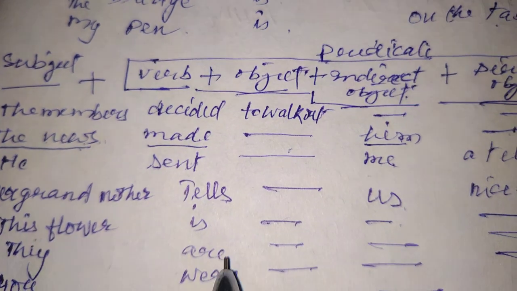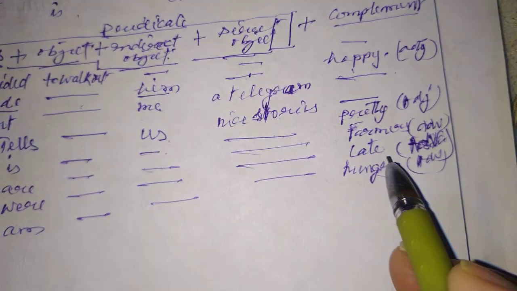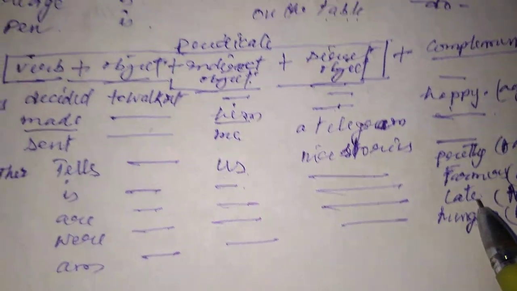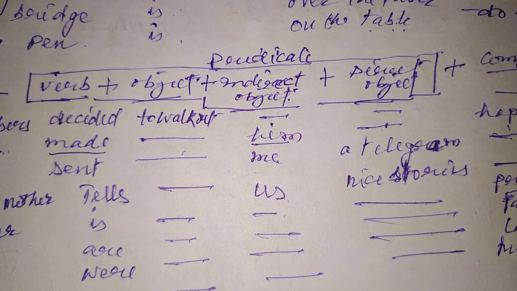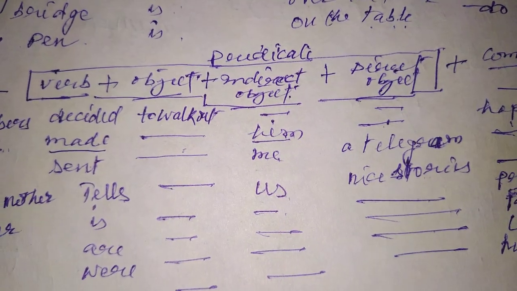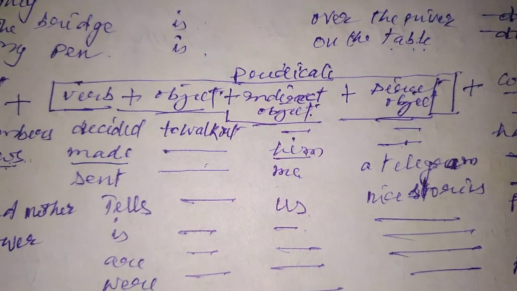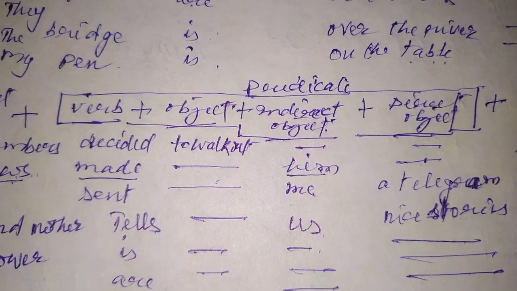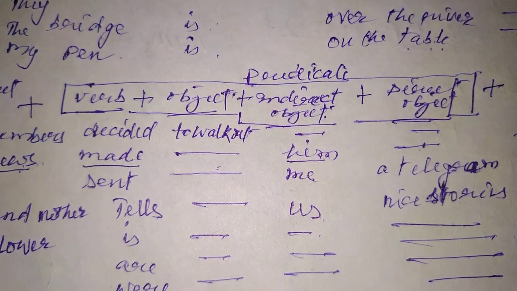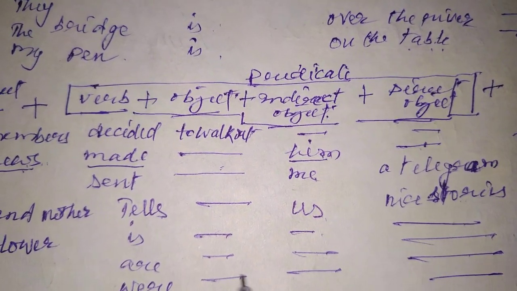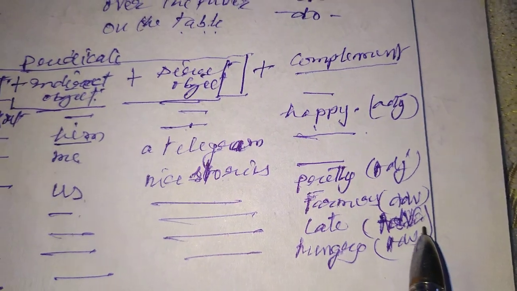Next, they are dash dash dash farmers. Farmers is a noun, a complement given to them. They are farmers. You were dash dash dash late.